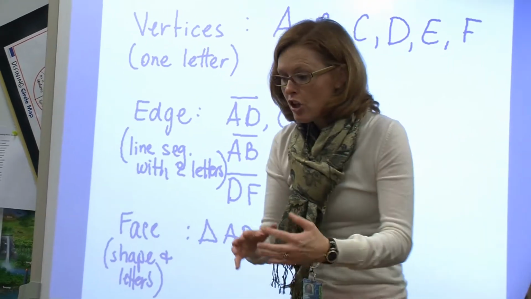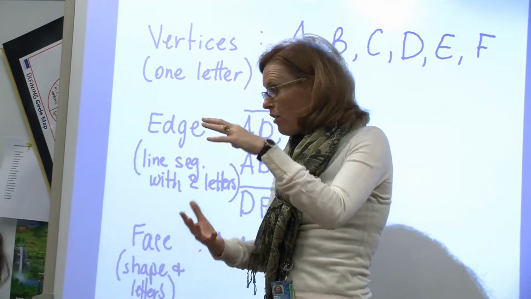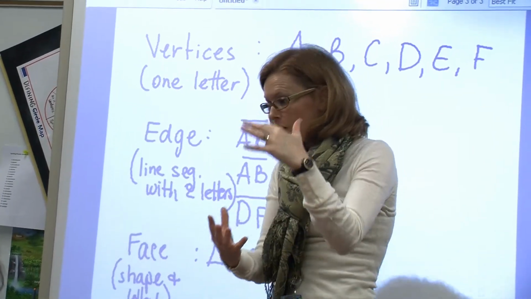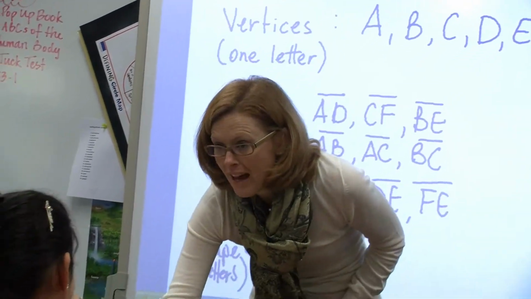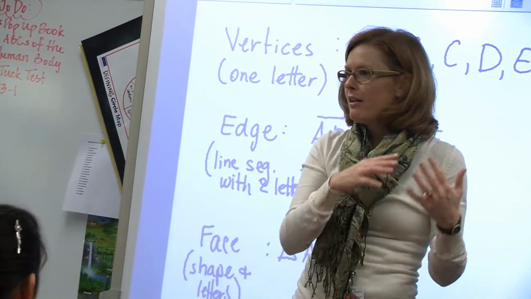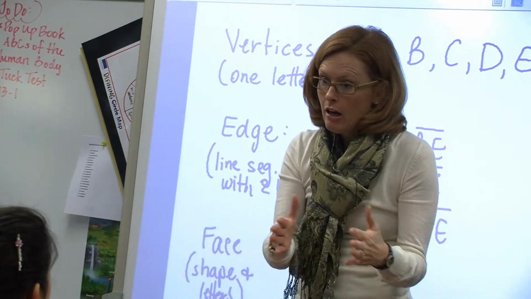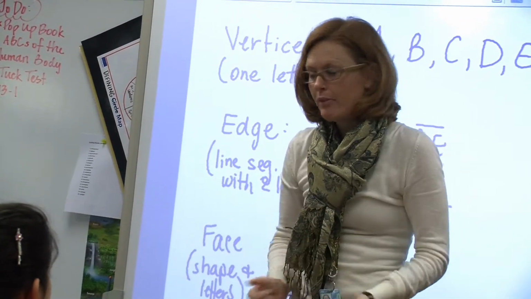We want them then also to be able to take that information and build upon what they've already learned about faces, edges, and vertices, and be able to identify how many of each one of those properties there are in a polyhedron, and also being able to name them. So those were our specific objectives for today.